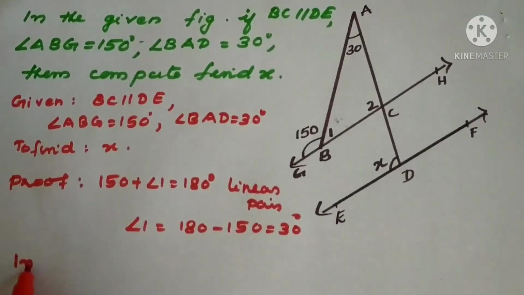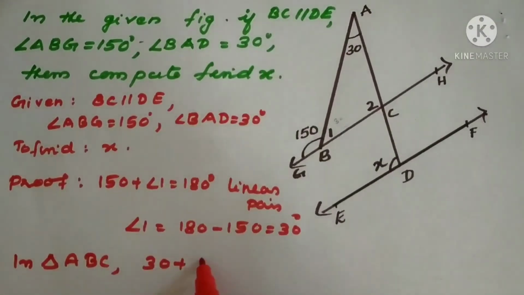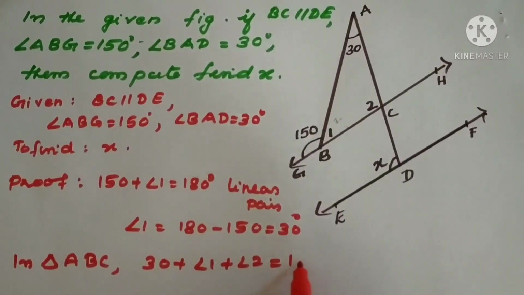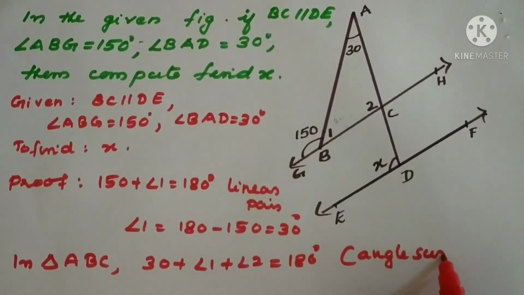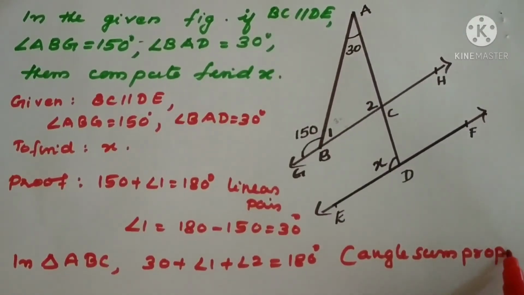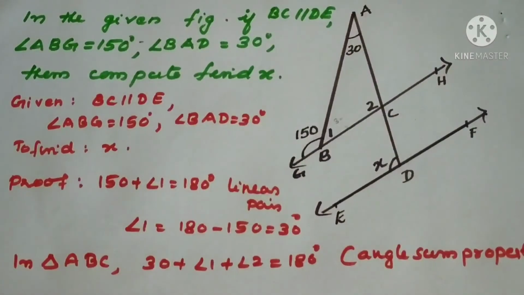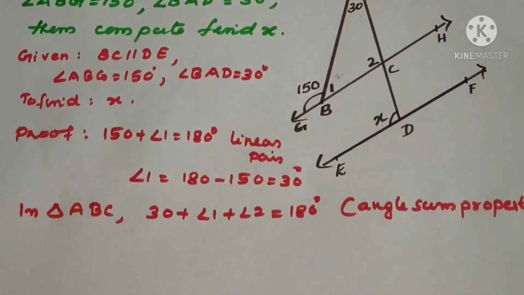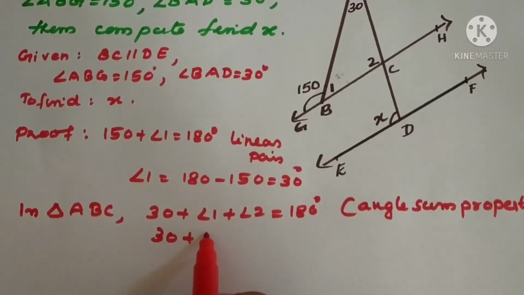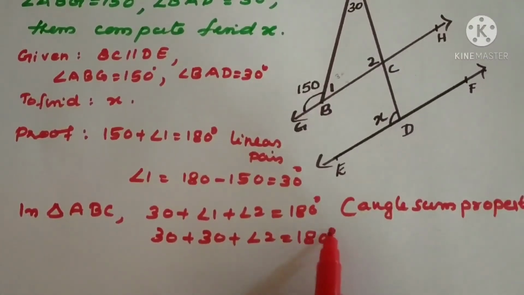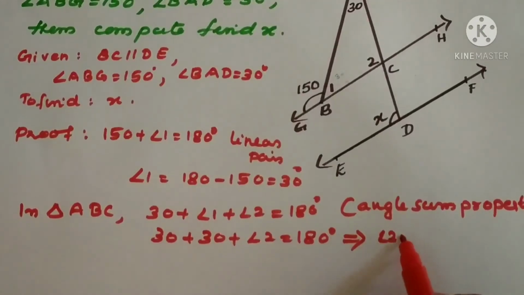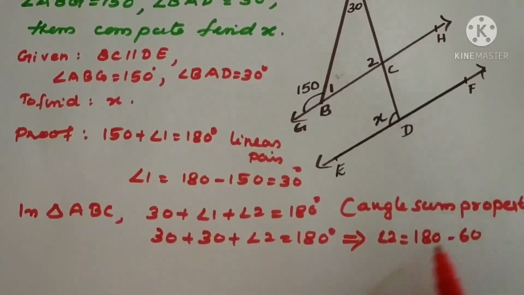Now in triangle ABC, 30 plus angle 1 plus angle 2 equal to 180, angle sum property. 30 plus angle 1 is also 30 we have. Angle 2 equal to 180 minus 60 equal to 120.